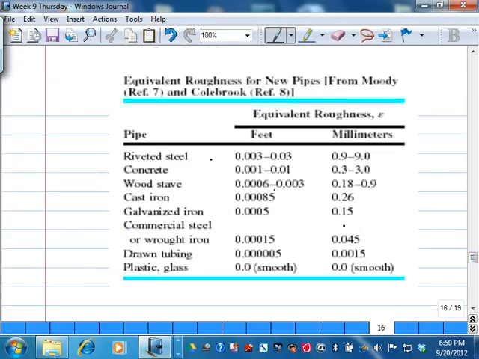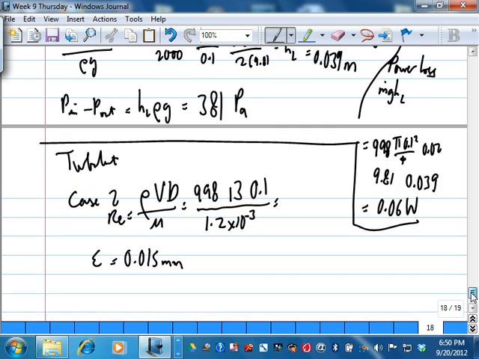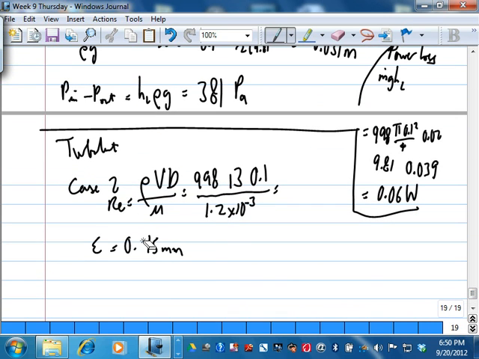So E over D is 0.15 mm times 10 to the minus 3 over 0.1 meter.